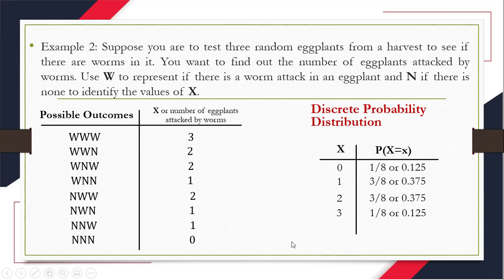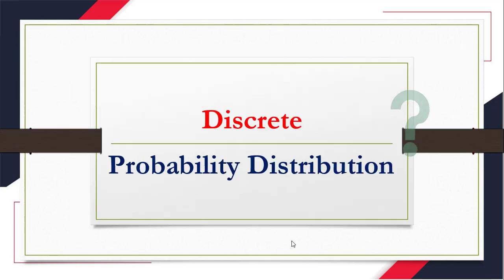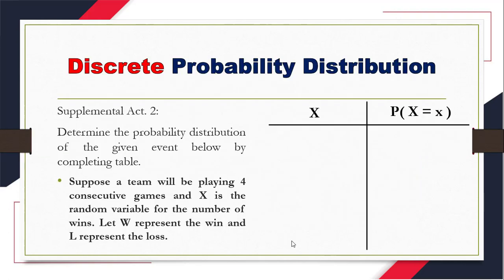Are you ready to test your understanding of illustrating discrete probability distribution? Great. This is supplemental activity 2. Determine the probability distribution of the given event below by completing the table.